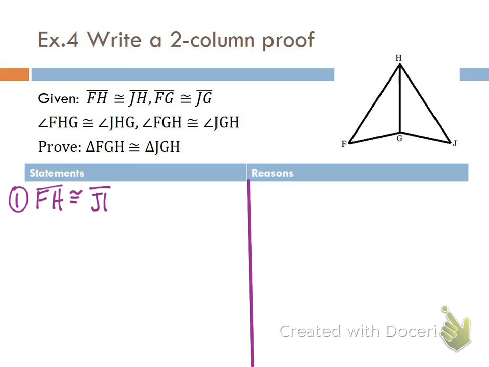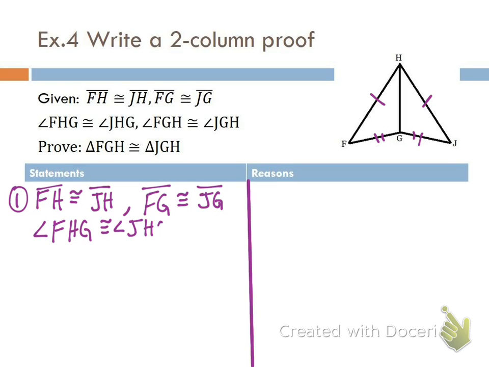FH is congruent to JH. I'm going to try to mark stuff as I go. I'm also told FG is congruent to JG. Marking that as well. We are told angle FHG is congruent to angle JHG.